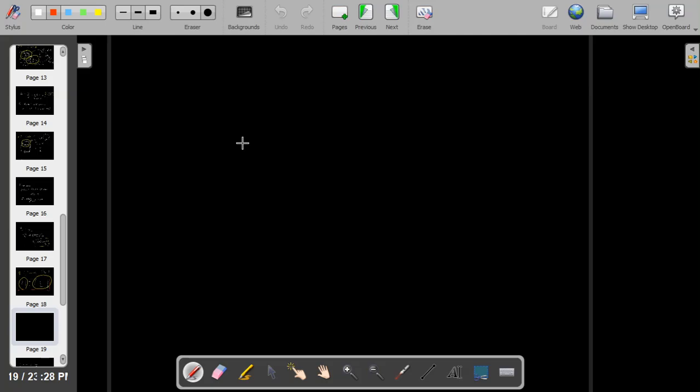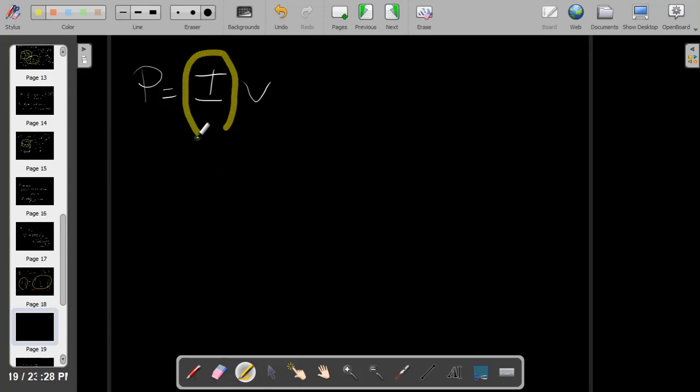Okay. They're asking for the power. And once again, remember that your power comes from this formula: your current times your voltage. You do have your voltage, but you need to find your current. You need to find your current, and you find your current with this other formula.